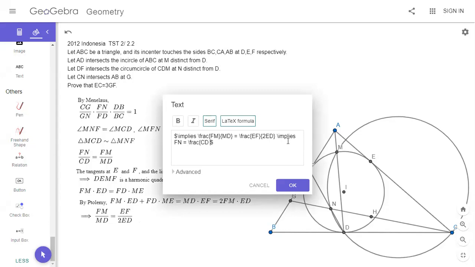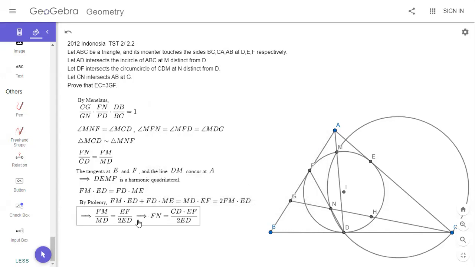So that's CD times EF over 2 ED. And now I'm going to plug that into the original.